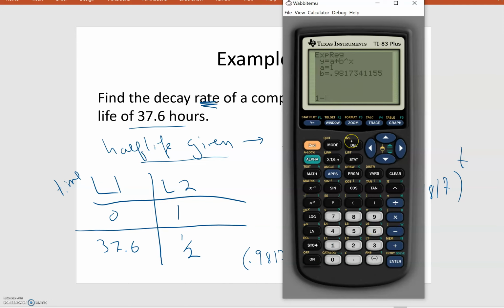I could type it in, but I'm also kind of lazy. So I'll go to VARS, statistics, equation, b, hit enter, and there I've got my difference. So 1.83.